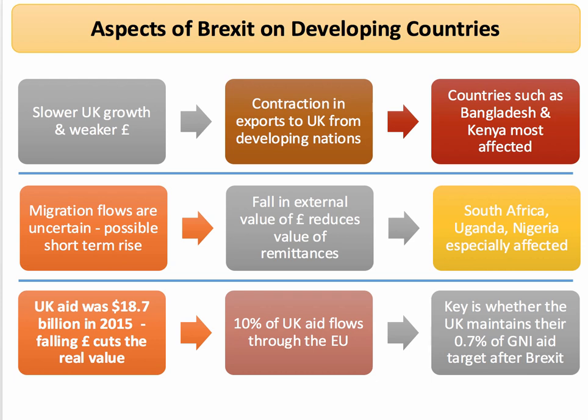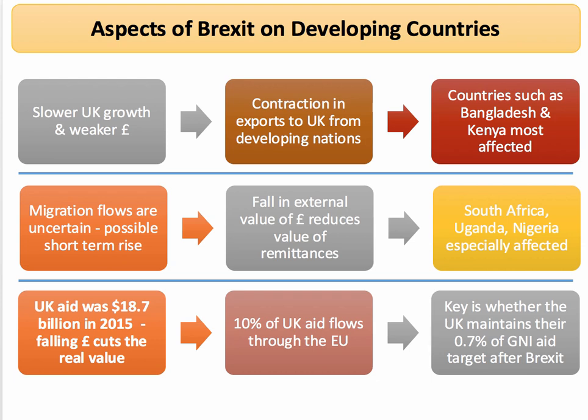Clearly, we don't yet know what the effects of migration controls will be post-Brexit. It's likely, though, that migration flows in the long term will fall, although in the short term they may rise. Crucially, the fall in the value of the pound reduces the value of remittances sent from the UK back to emerging developing countries. Countries like Nigeria and Uganda have been affected by that.